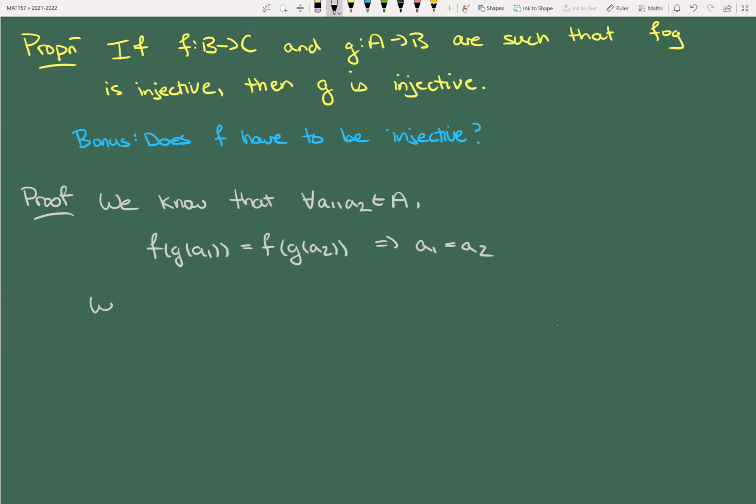We want to show that for every A1 and A2 in A, g of A1 equals g of A2 implies that A1 equals A2. So I've done the setup. I've just written down what I know and what I want to show. In terms of what I want to show, I'm going to assume that g of A1 equals g of A2, and then I'm going to prove that A1 is equal to A2.